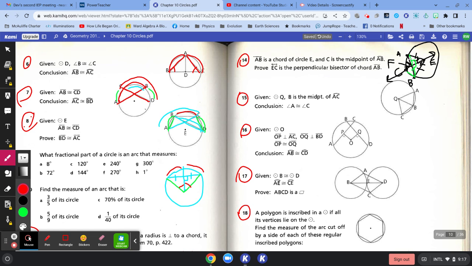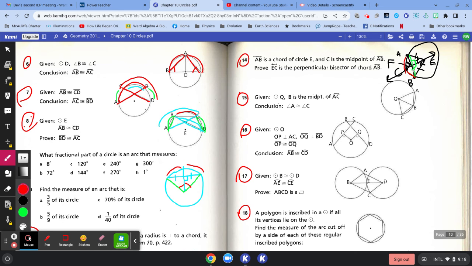So we know that that and that are going to be congruent by CPCTC, because AEC and BEC are also going to be congruent triangles because of side, angle, side as well. So I didn't need to necessarily prove the bisecting, but it helps.